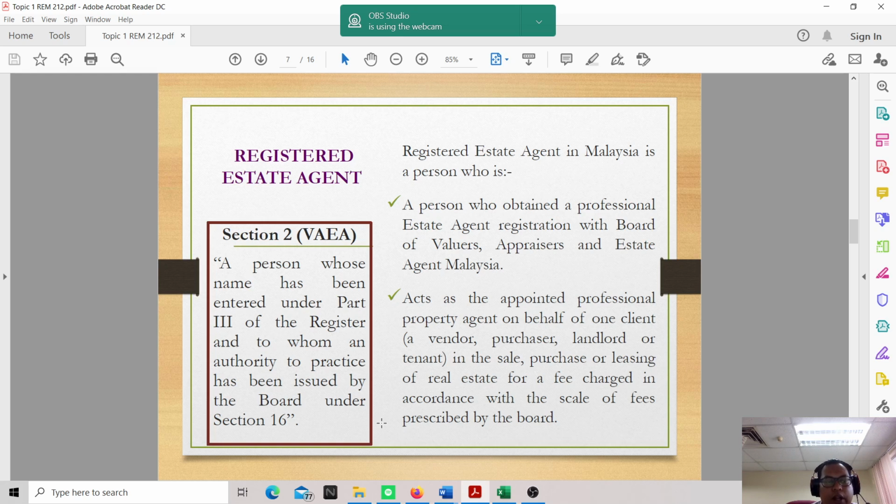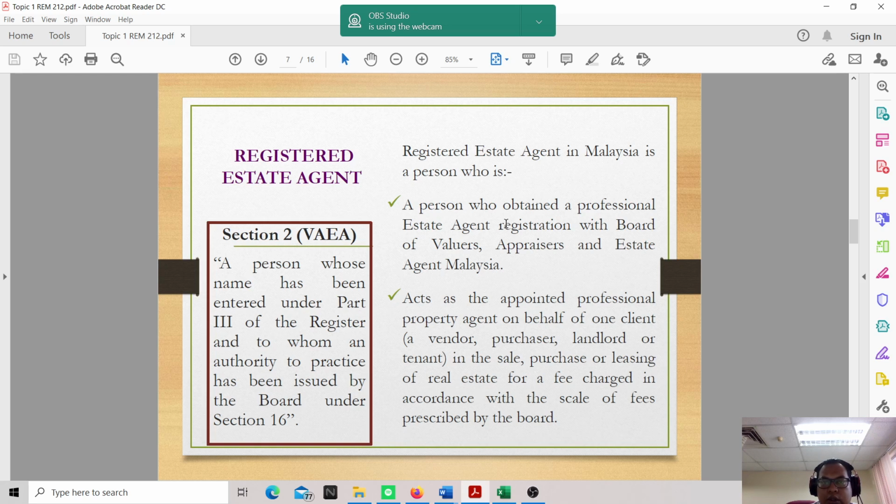Section 2 of the Valuers, Appraisers and Estate Agents Act states that it is a person whose name has been entered under Part 3 of the register and to whom an authority to practice has been issued by the board under Section 16.